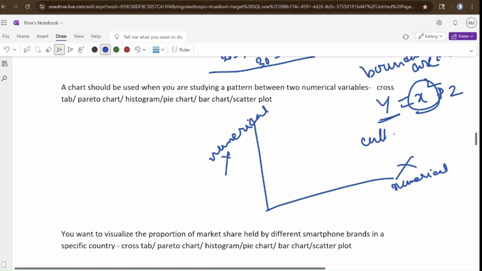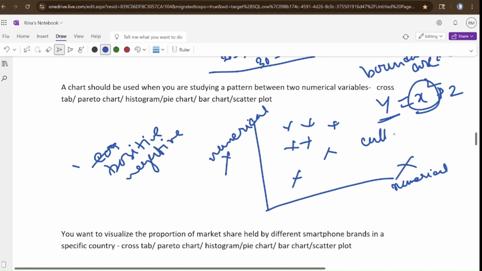So you want to see what is their relationship. So you just plot in this way. This is known as scatter. It helps you to tell what is the relation, whether it is positive correlation or negative correlation. For that you create scatter plot. When both of them are numerical and you want to understand their pattern, you go for scatter plot.